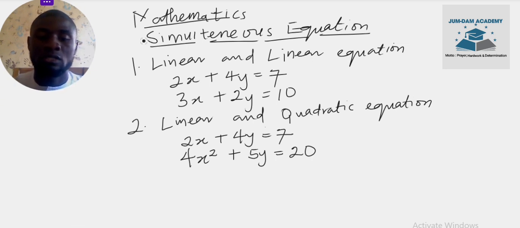When one of the unknowns has a power of 2 or a superscript of 2, we say we have a quadratic equation. So in simultaneous equation, these two can occur. We will start by learning from linear equation, when simultaneous equations are formed with two linear equations.